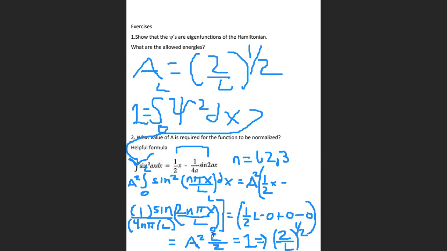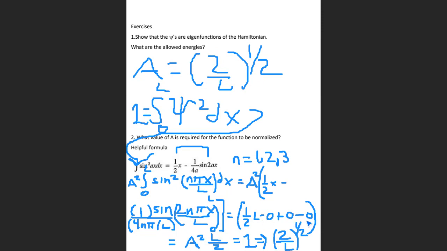And then I subtract the value when I put in a 0, and that's sine of 0, which is also a 0. So I had to worry about the first term from L to 0, then the second term from L to 0 in my integration.